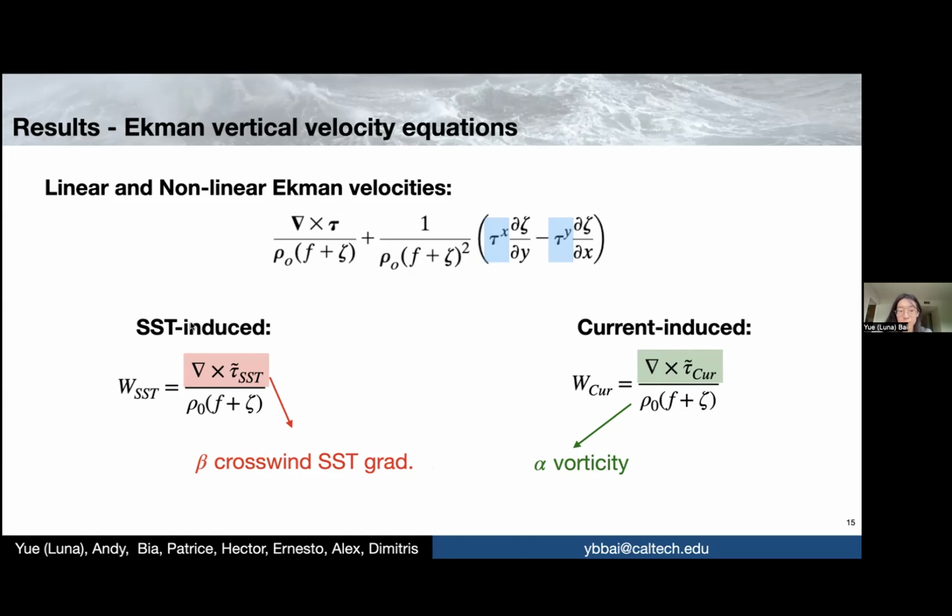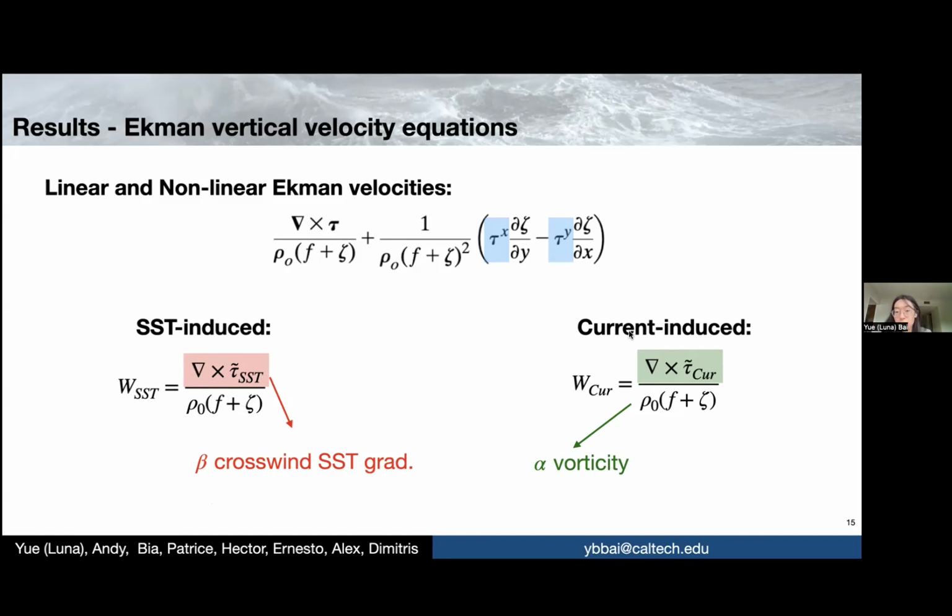So for example, for the SST-induced linear Ekman vertical velocity, for the part on top, we can approximate this wind stress curl with the crosswind SST gradient multiplied by a constant. And this constant is the correlation coefficient between the crosswind SST gradient and the wind stress curl. So this represents what the surface temperature gradients contribute to the linear Ekman vertical velocity.